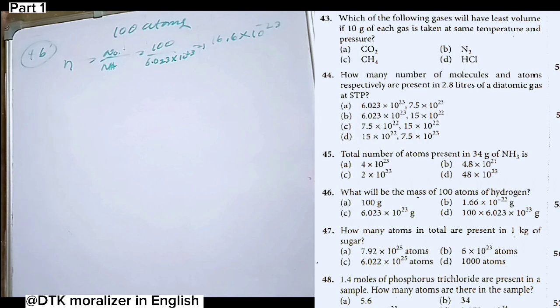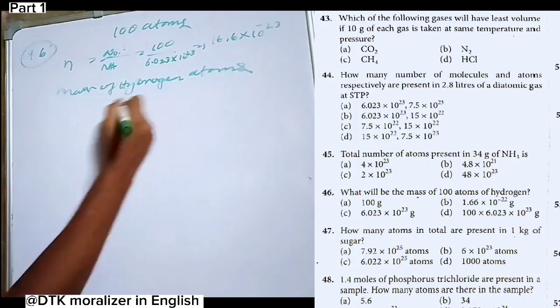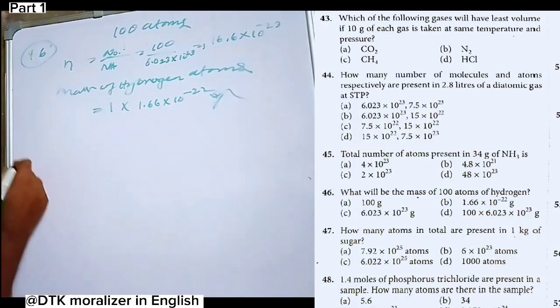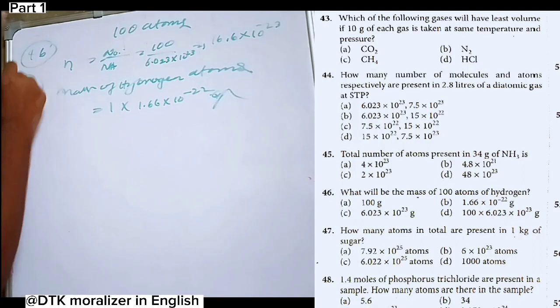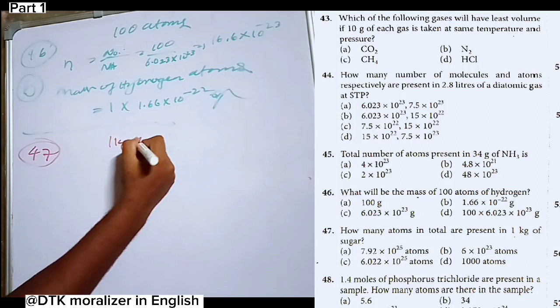It is 1.66 into 10 power minus 23 moles. For the mass of hydrogen atoms, it is 1 into that mole. Here option B would be right: 1.66 into 10 power minus 22.